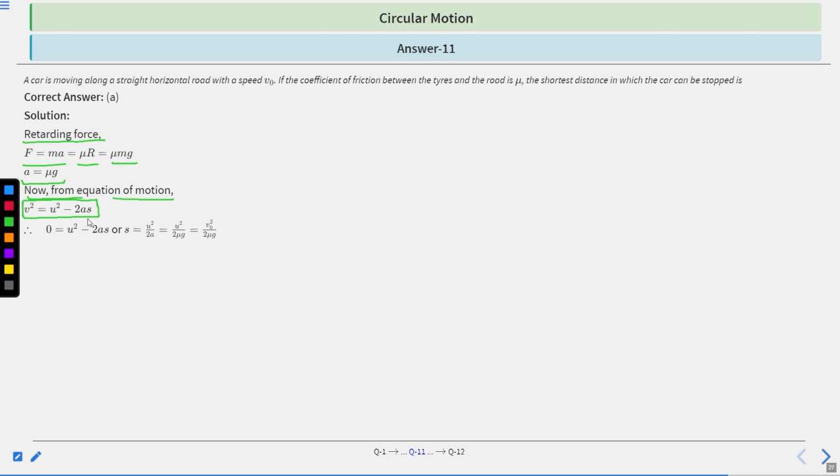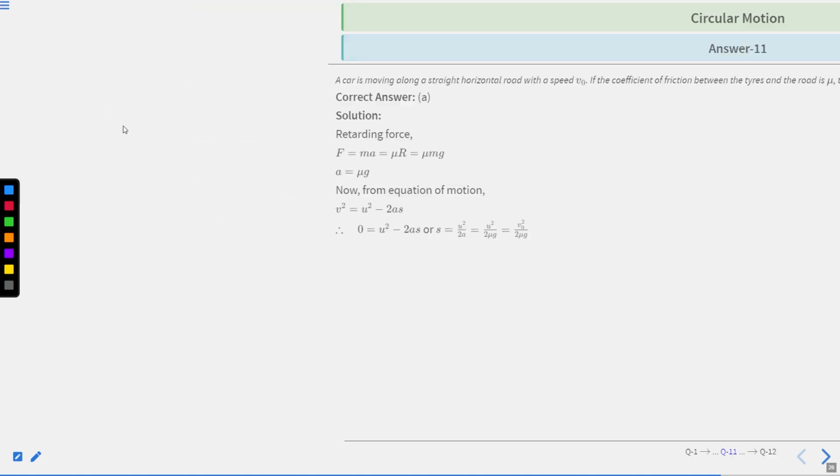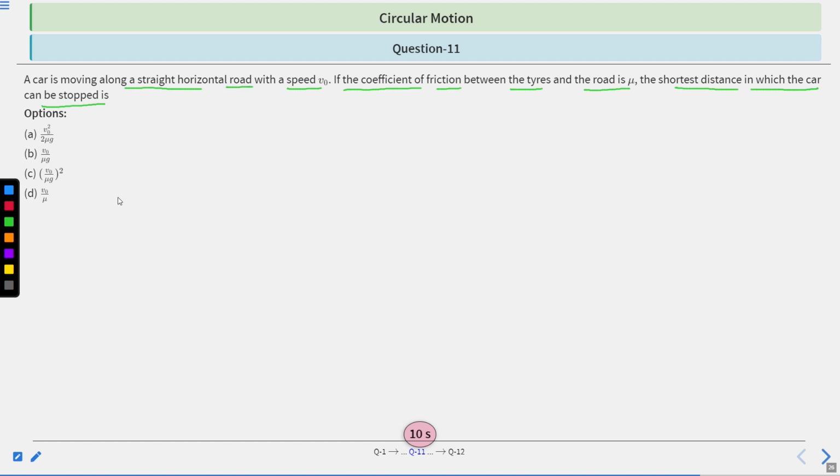Putting all the given terms in this formula, you will get s equal to v naught square divided by 2 mu g. This is the s. So the correct answer is A. A is the correct answer. Next question.